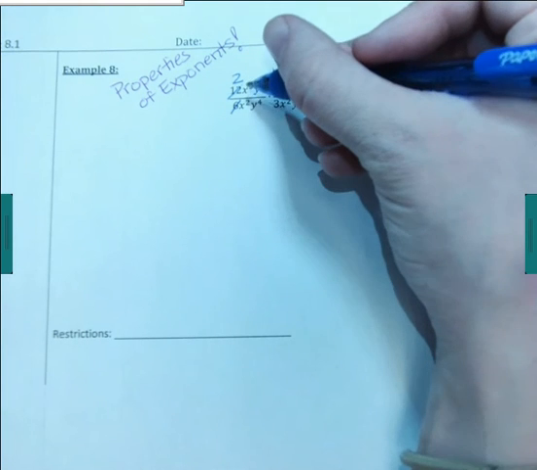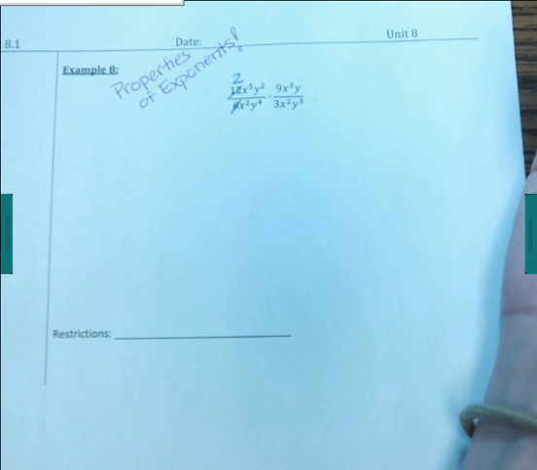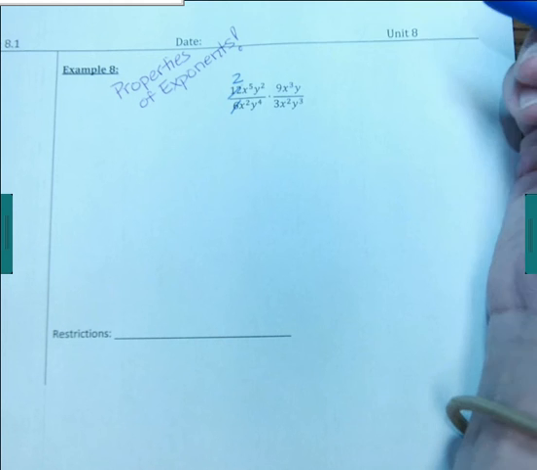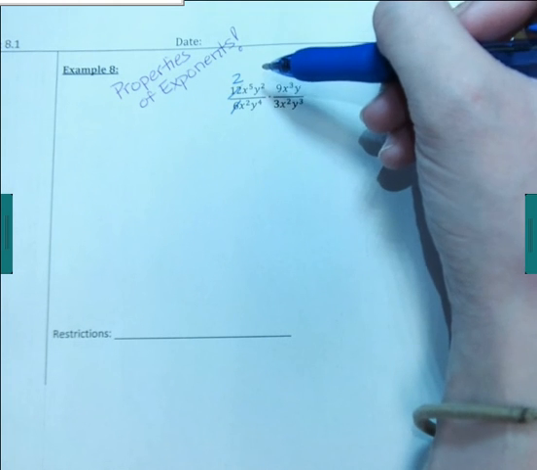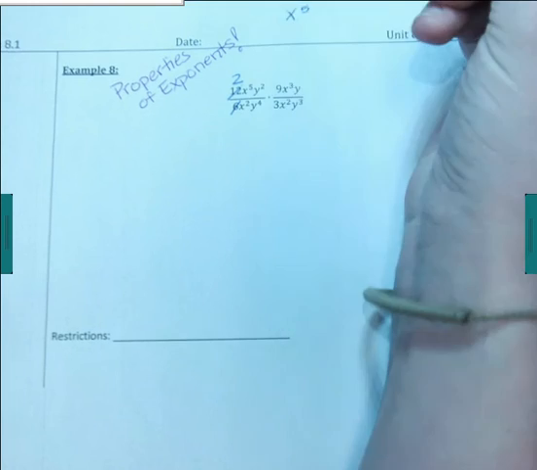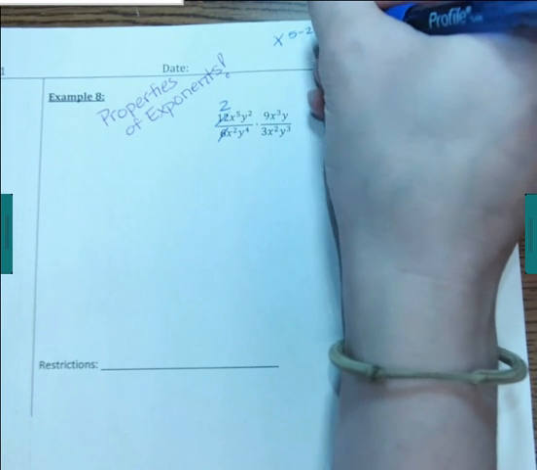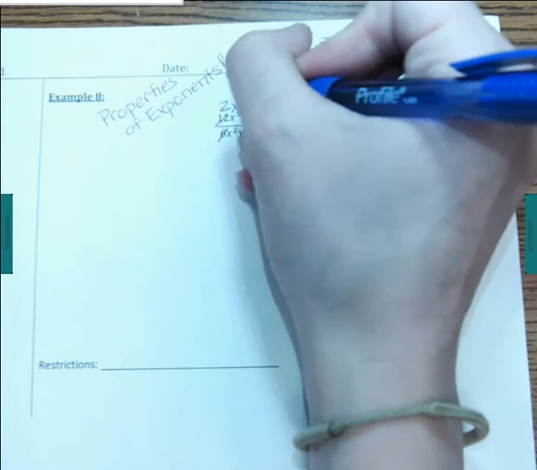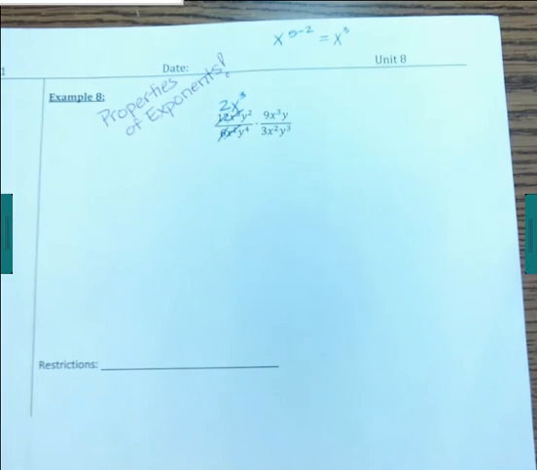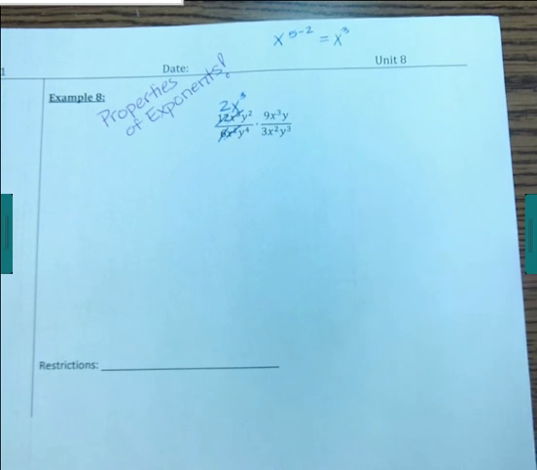Okay, here I've got x to the 5th power and x squared. Remember, when you're dividing, you can think of it as subtracting the powers. So we get x cubed up top. Or, that's a little hard to read, that is a cubed.